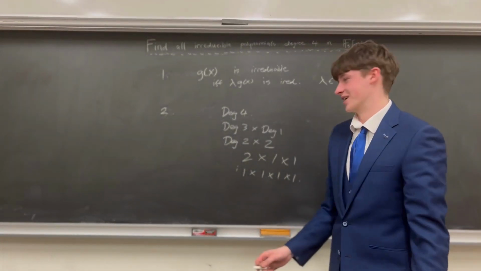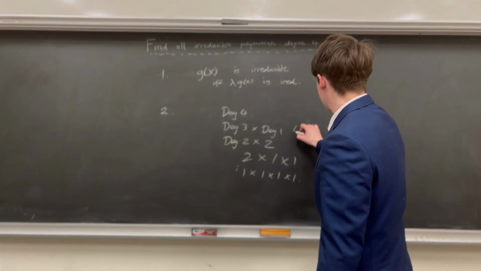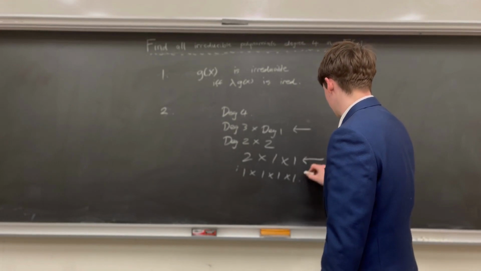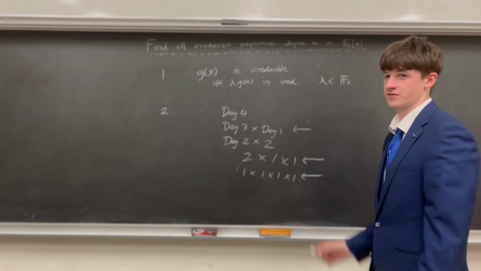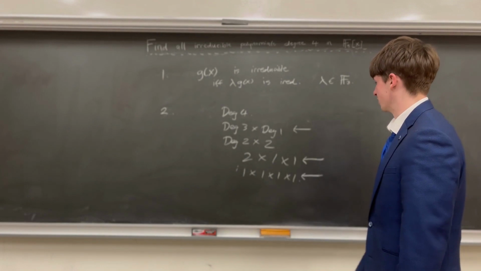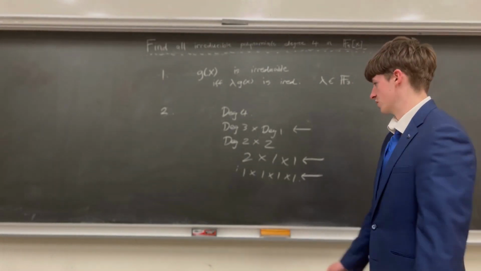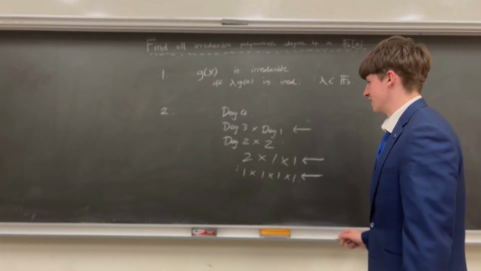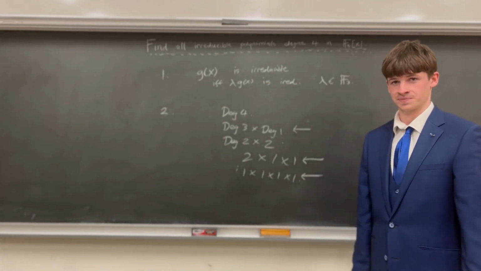Just to finish off that note, we can check to see if the degree 1 irreducibles are factors of the degree 4 polynomial, and if they are, we can rule those out, which means we just have to check the degree 2 by 2s.